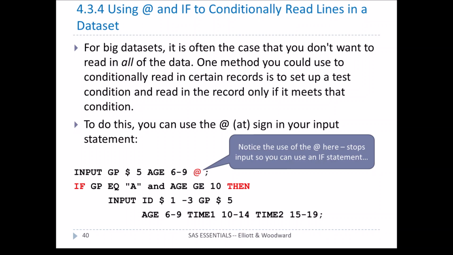We don't have to input group and age again, but we did there. And then time 2. So you can see here how that is going to conditionally read in pieces of information, which you gather from reading a little bit of information, and then use that little bit of information to decide what other information you may want to read.